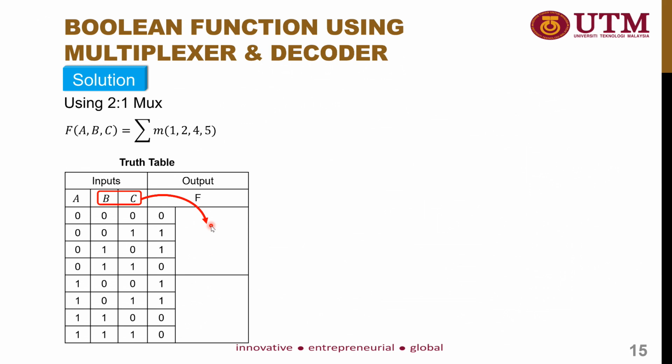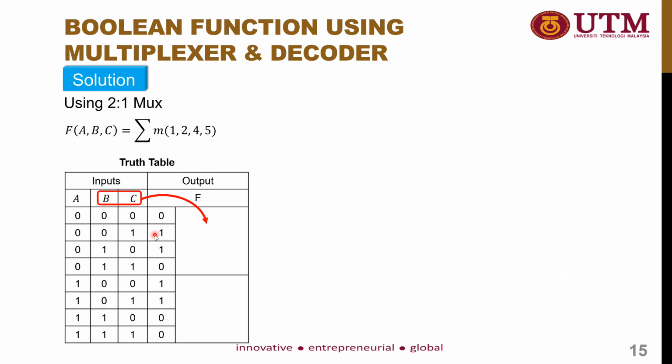In order to do that, first you need to divide it into two different sections where you get the expression when A is equals to 0 and when A is equals to 1. So for the first expression when A is equals to 0, right now we are creating an SOP expression. So we need to observe when the output becomes 1.